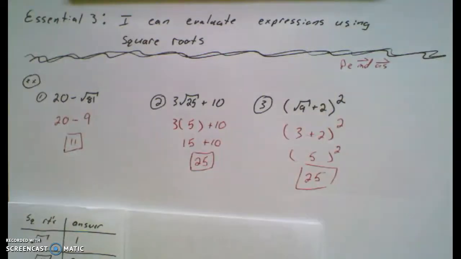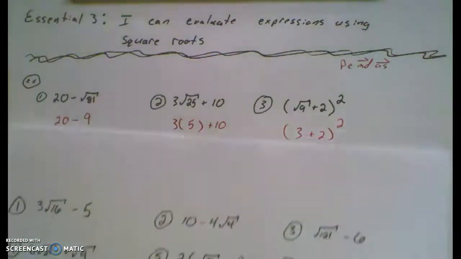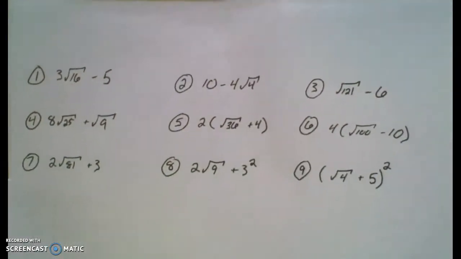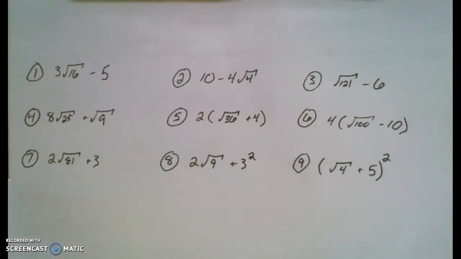Okay, so here's your problem set. I'd pause the video and do these problems off the screen, and then look on the website. There'll be an answer link, just like in the first essential.